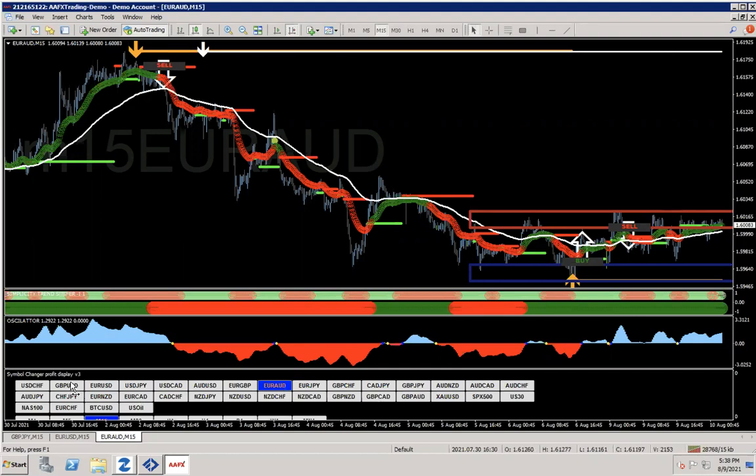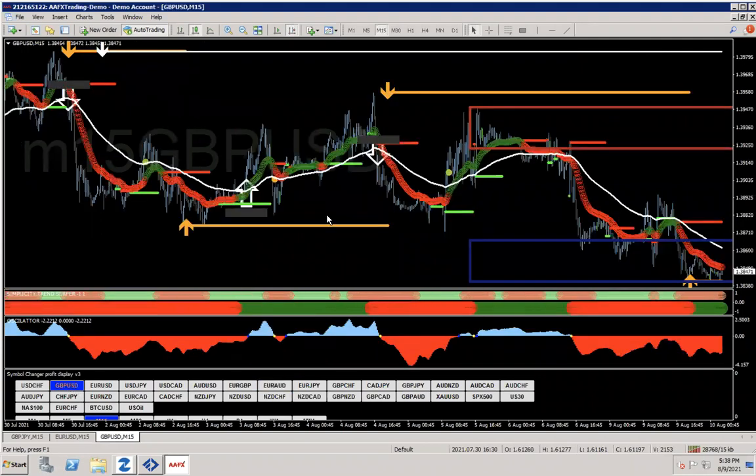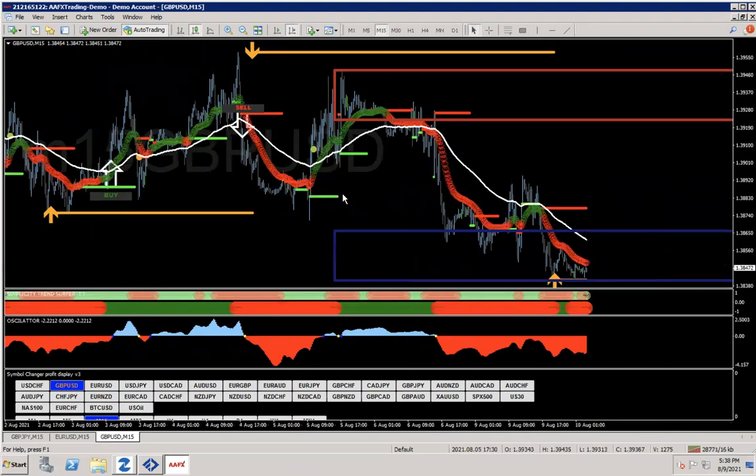Let's pretend right here, this is GU we found. It meandered around, and we finally caught this drop here when it crossed.